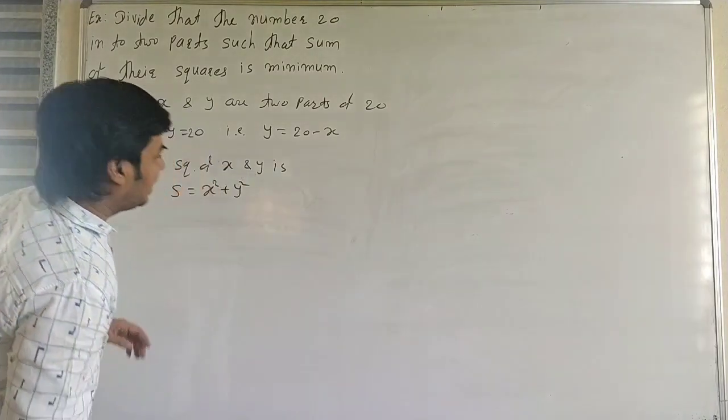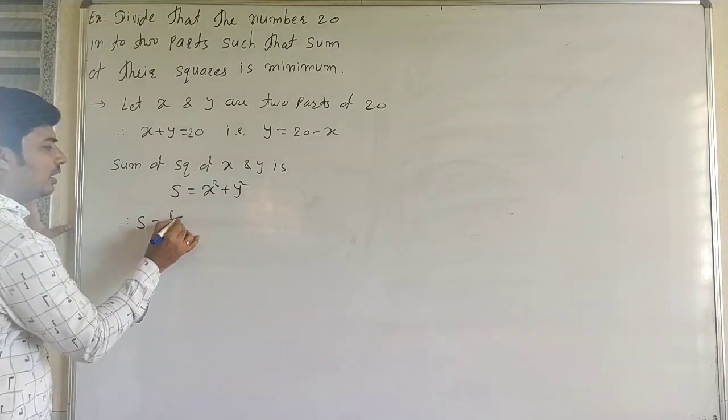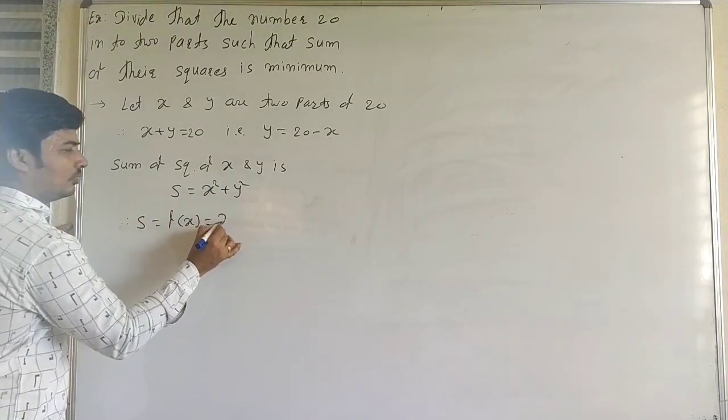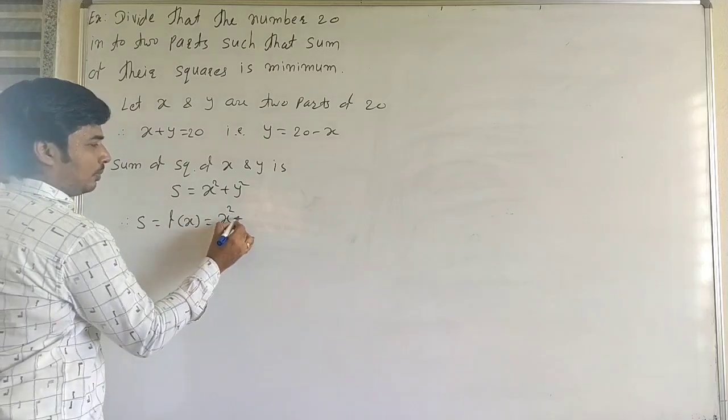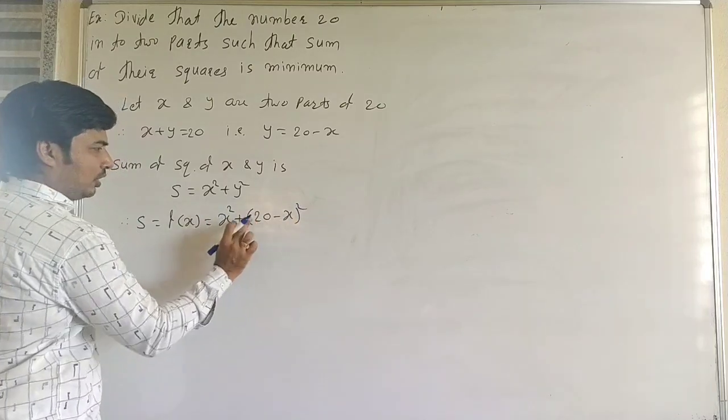Now this S can be written in terms of x or in terms of y. Therefore S is equal to f of x, which is x square plus 20 minus x whole square, that is x square plus y square.